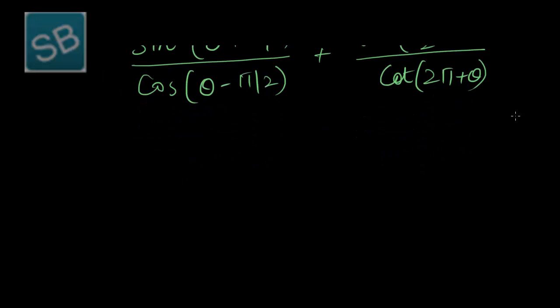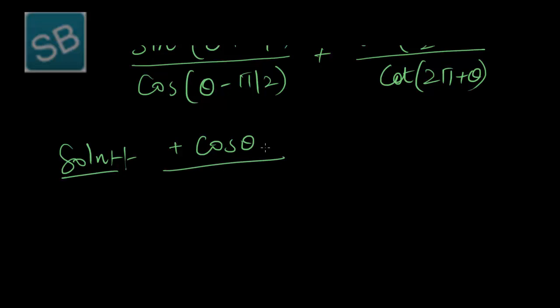First of all we will see in which quadrant each function lies. First is pi by 2 plus theta. Sine lies in the second quadrant. The second quadrant is the hometown of sine, so there will be a positive sign, and as it is pi by 2, sine changes into cos, that is cos theta.